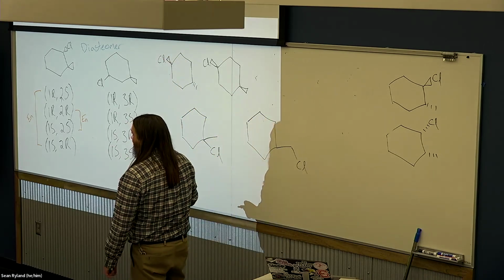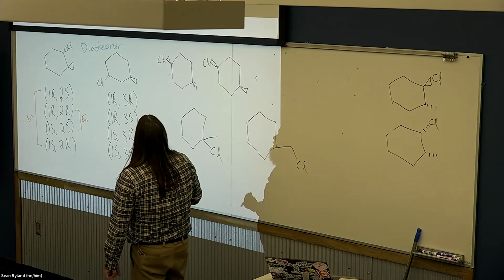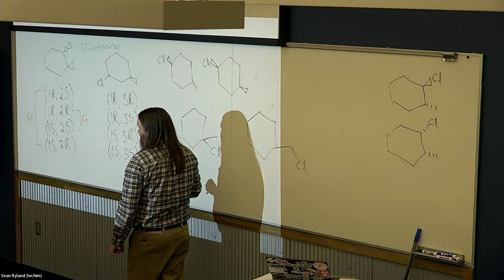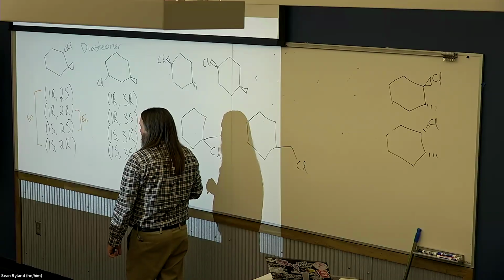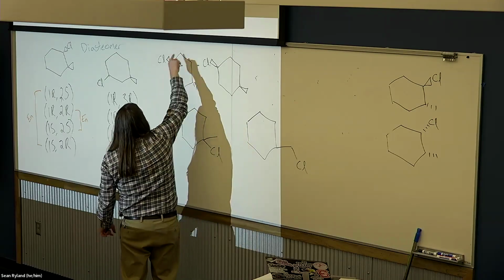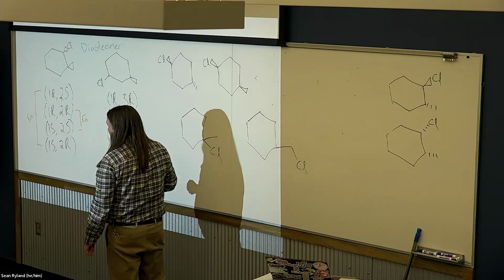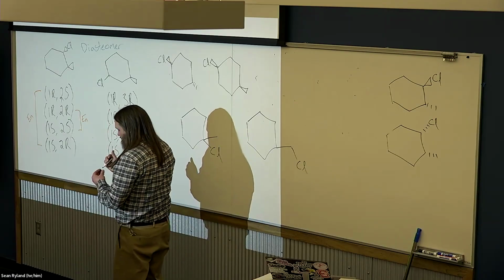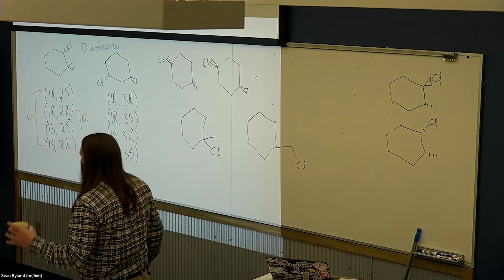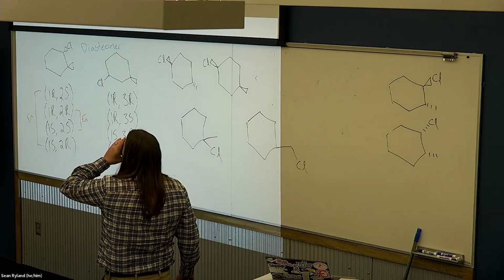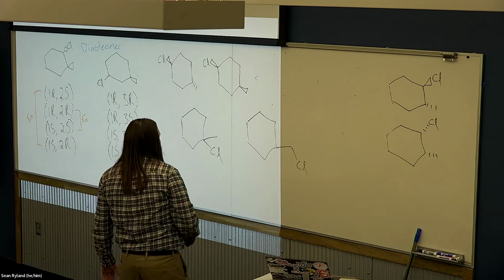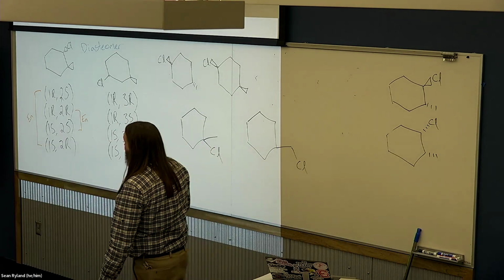That's the same thing we started with. So these ones are cis and trans, but they don't have R plus S, because both directions around the ring are the same. So I think that gives us a total of 12 for them.